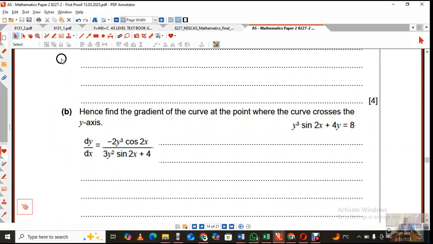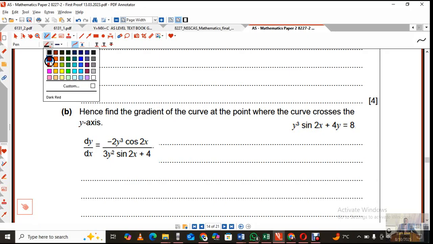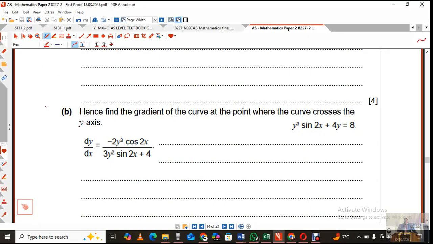What happens when something crosses the y-axis? At that point x is equal to 0. So we have a point x is equal to 0 to start with.